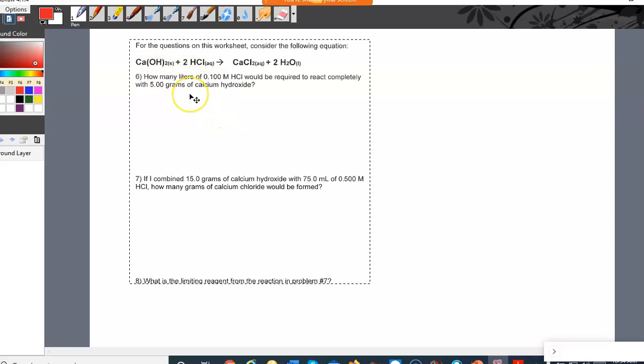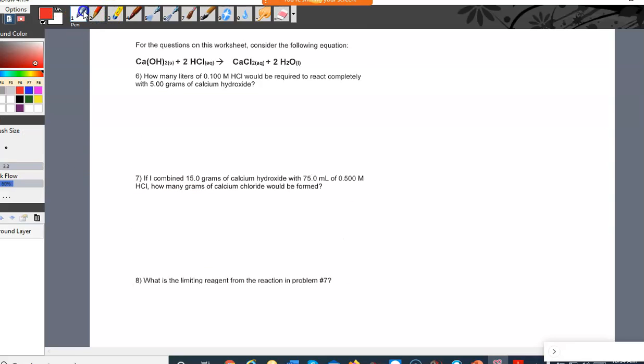So how many liters of HCl would be required to react completely with 5 grams of calcium hydroxide? And then I believe I have a limiting reagent problem here on number 7, which says if combined 15 grams of calcium hydroxide with 75 milliliters of a 5 molar solution of HCl, how many grams of calcium chloride is formed? So why don't we do these 3 problems?